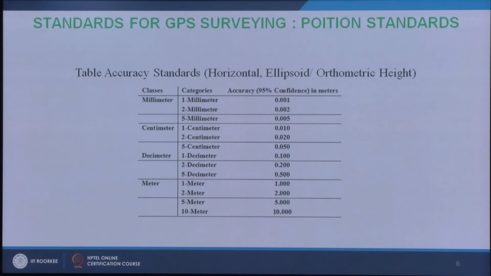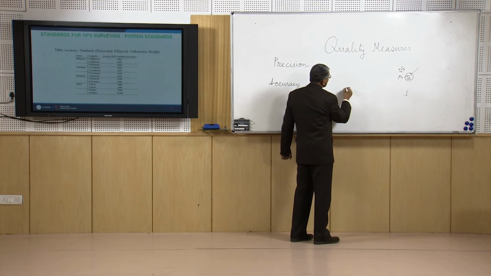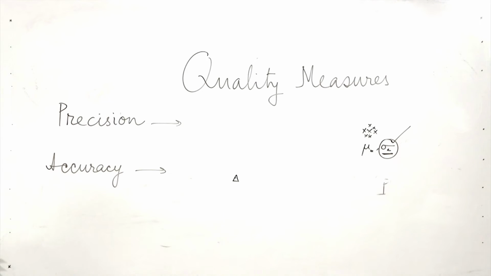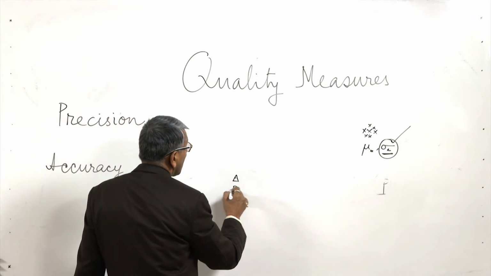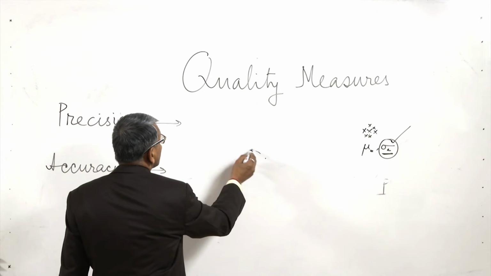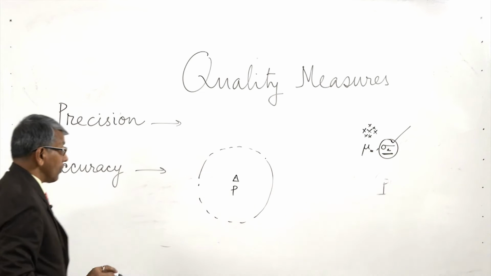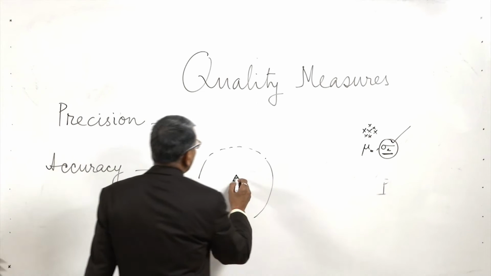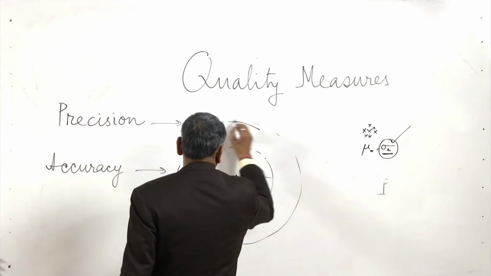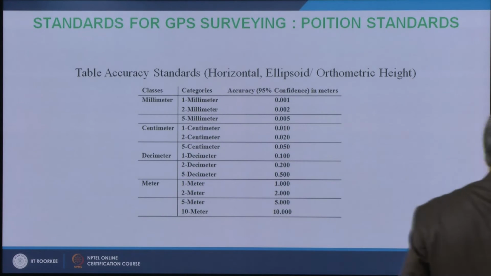Similarly for accuracy, if we know the exact location of any point, I may derive this error ellipse as I told you, with the factor 1.96, or I can get a number of circles around this point taking these as radius.